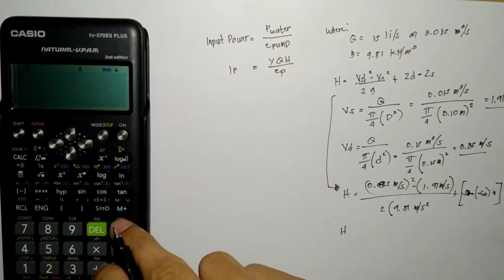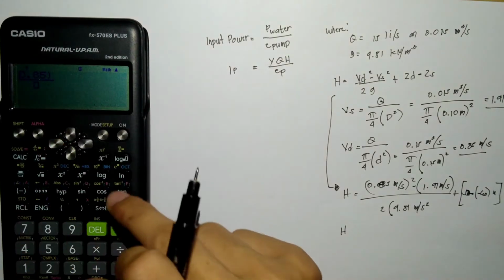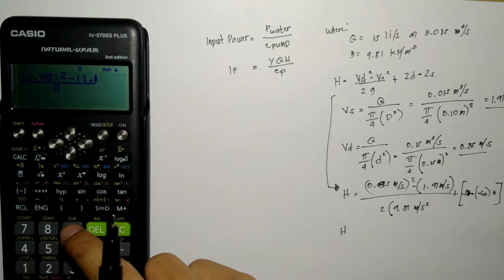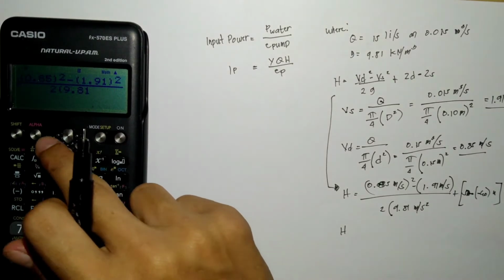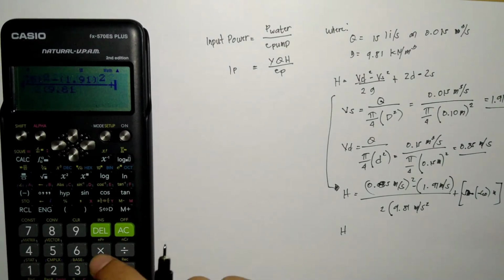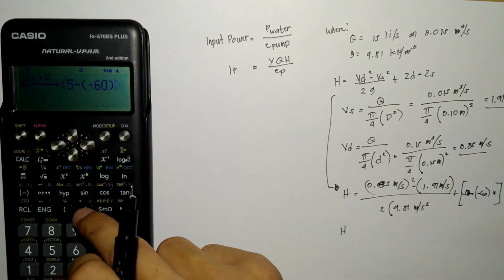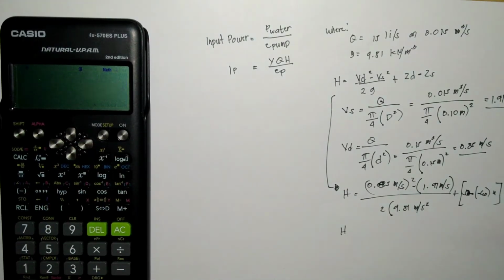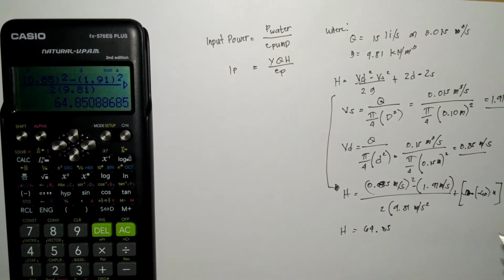So calculate using the scientific calculator. We have 0.85 squared minus 1.91 squared over 2 times 9.81 plus 5 minus negative 60. We have the total head of 64.85 meters.